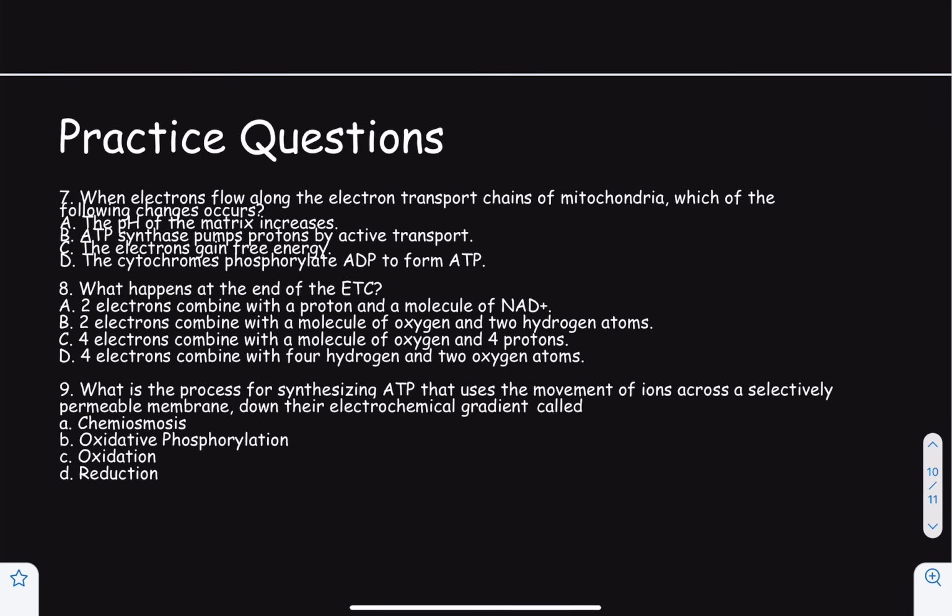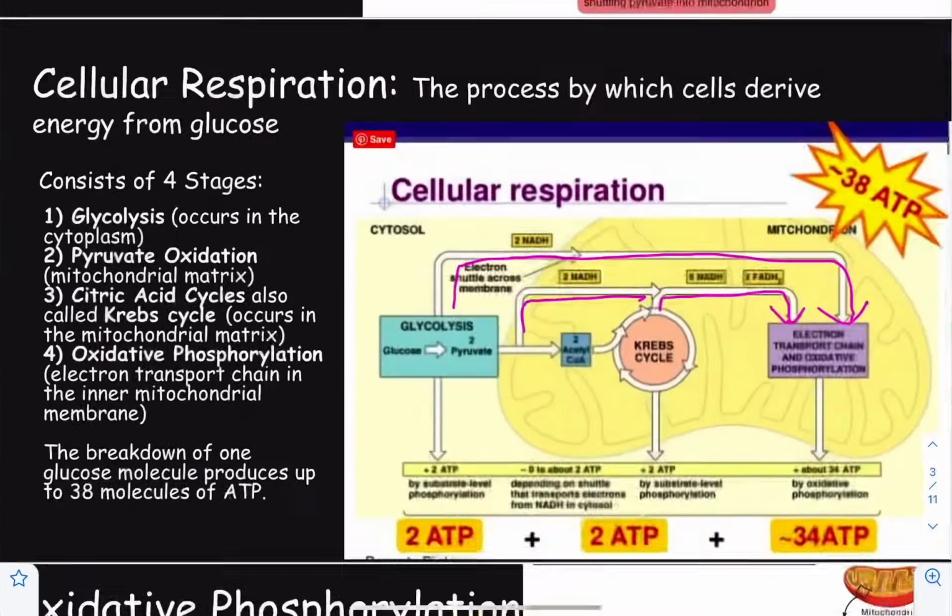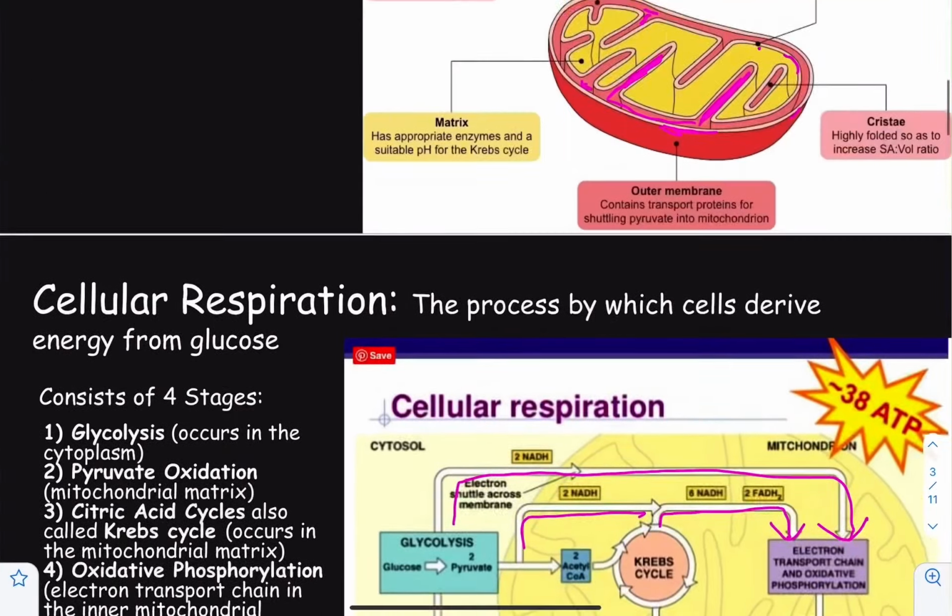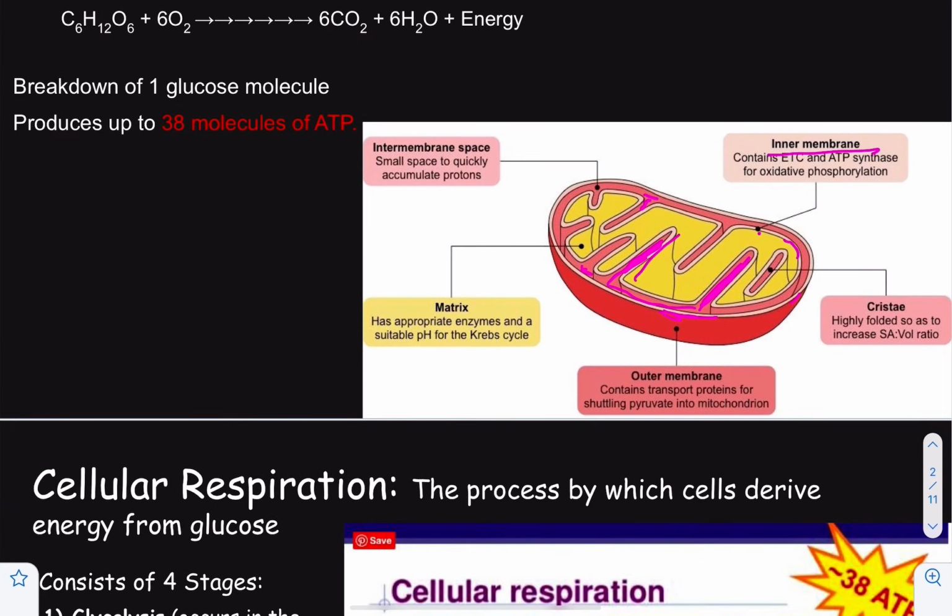7, when electrons flow along the electron transport chains of mitochondria, which of the following changes occur? The pH of the matrix increases, A. So the matrix increases, that means the intermembrane space actually decreases. Remember here, the matrix, the inside, that's where they're being pumped into.